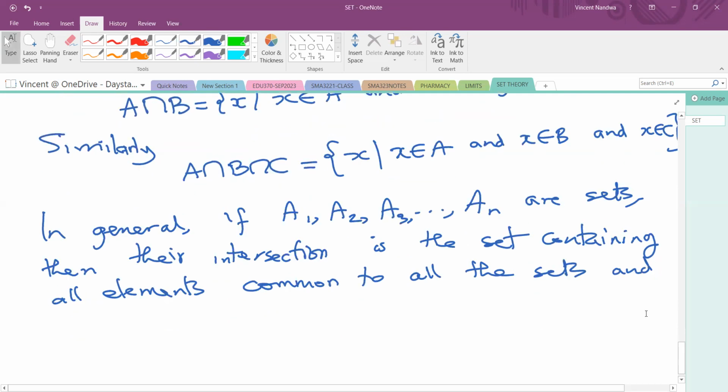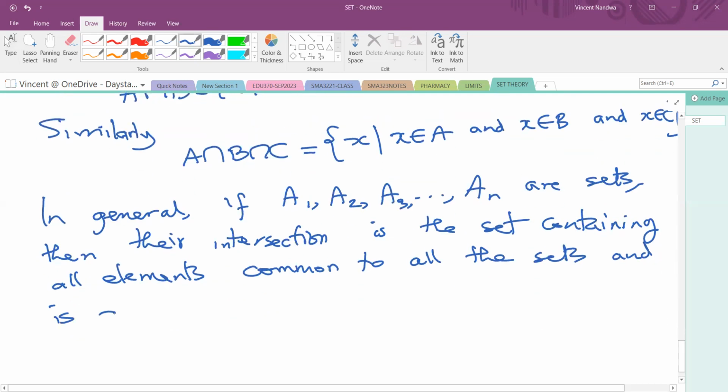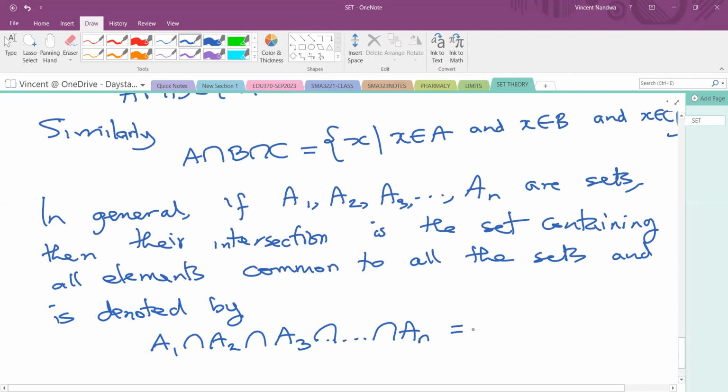It is denoted by A1 intersect A2 intersect A3 up to intersect AN, which can just be written as the intersection from i equals 1 to n of Ai.